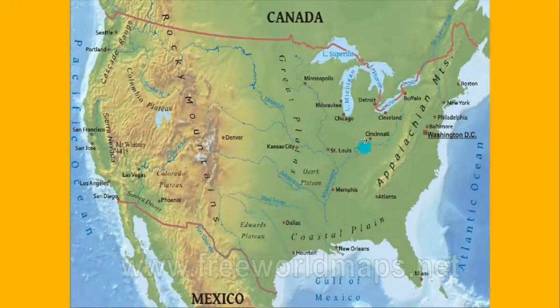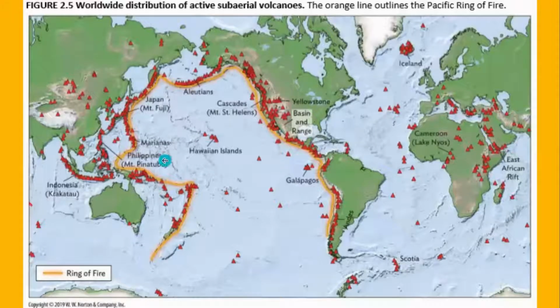It's showing different physical features of Canada, so this falls under the category of a physical map. Another example here, this map is showing the active volcanoes throughout the world. This is also an example of a physical map because volcanoes are a physical feature and it's being represented on the map here.